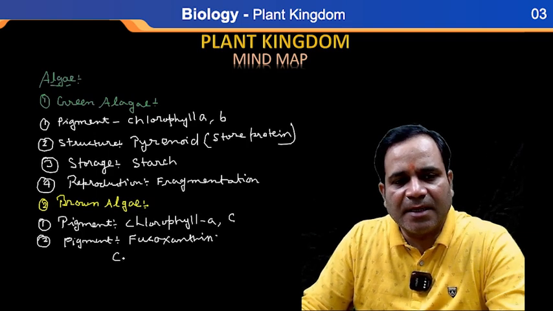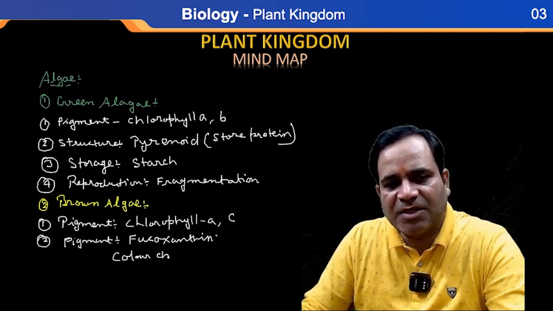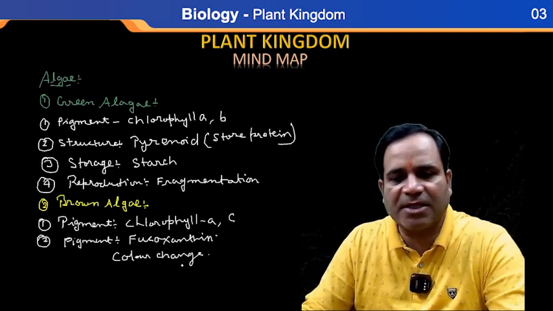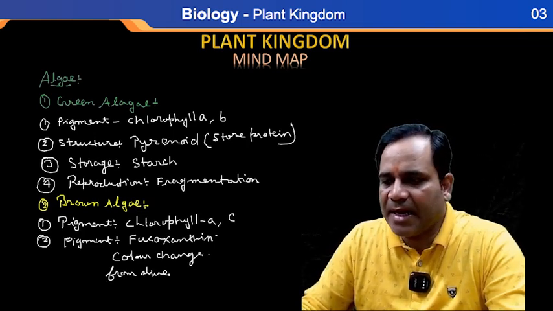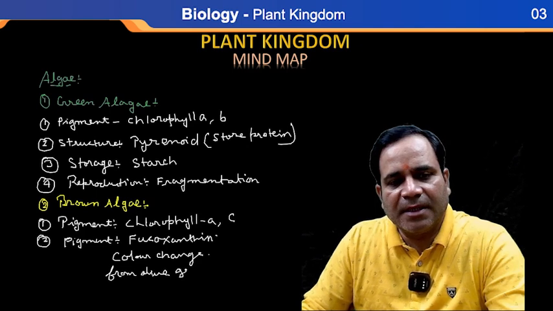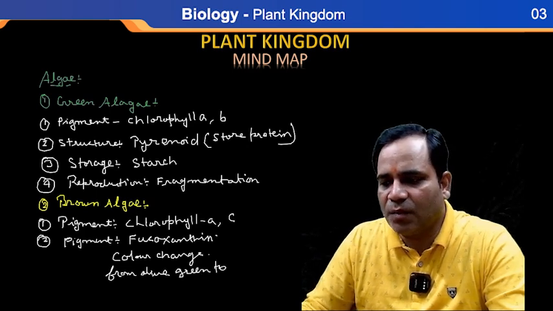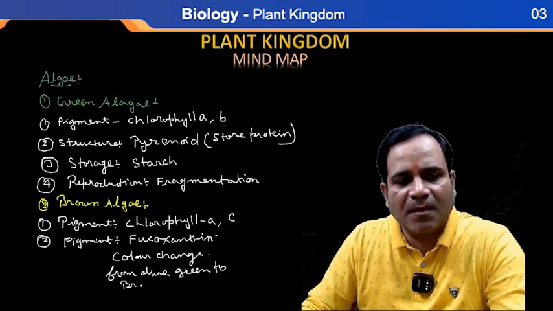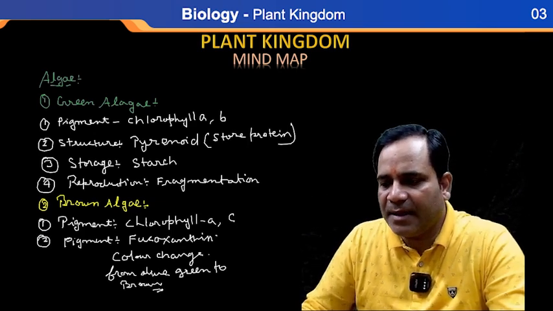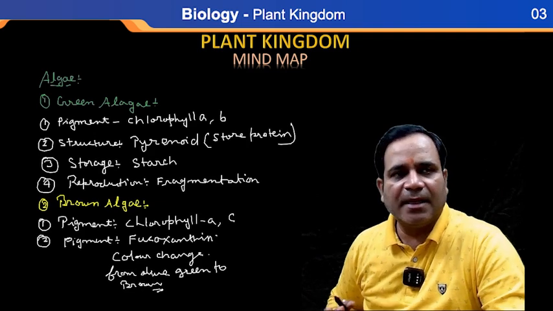Fucoxanthin pigment changes the color from olive green to brown. Is that clear?